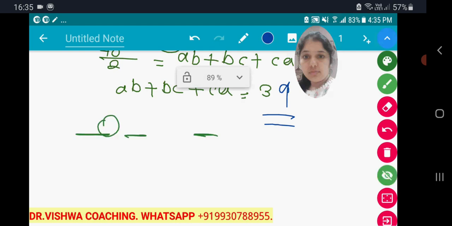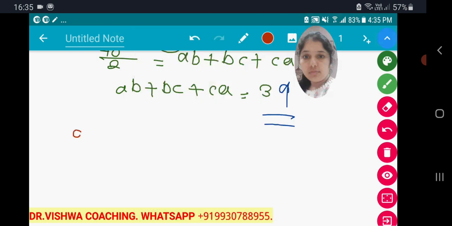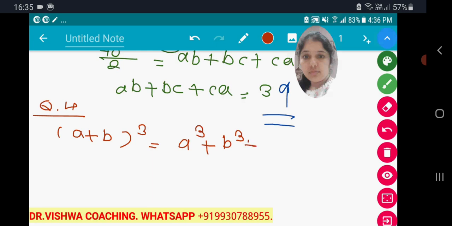So the equation is related to (A plus B) whole cube, which in simpler form is equal to A cube plus B cube plus 3AB into the bracket (A plus B).